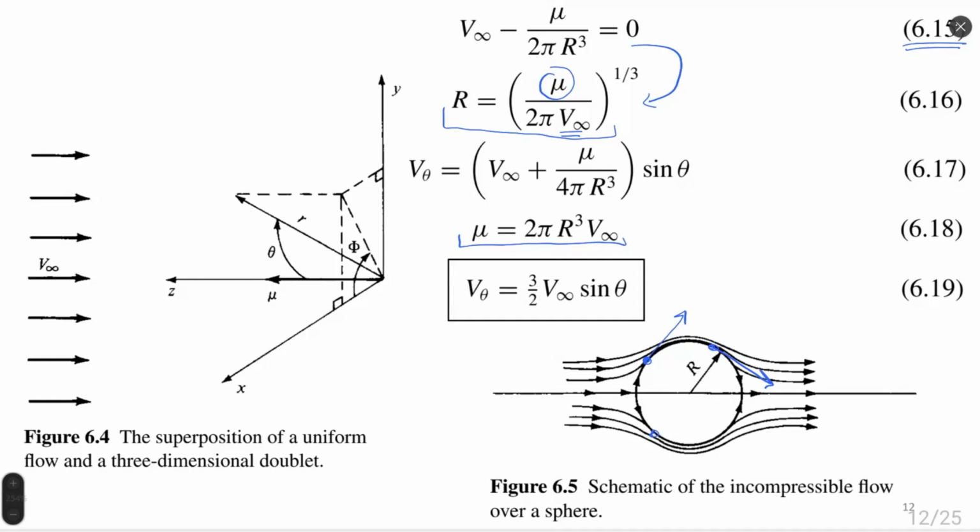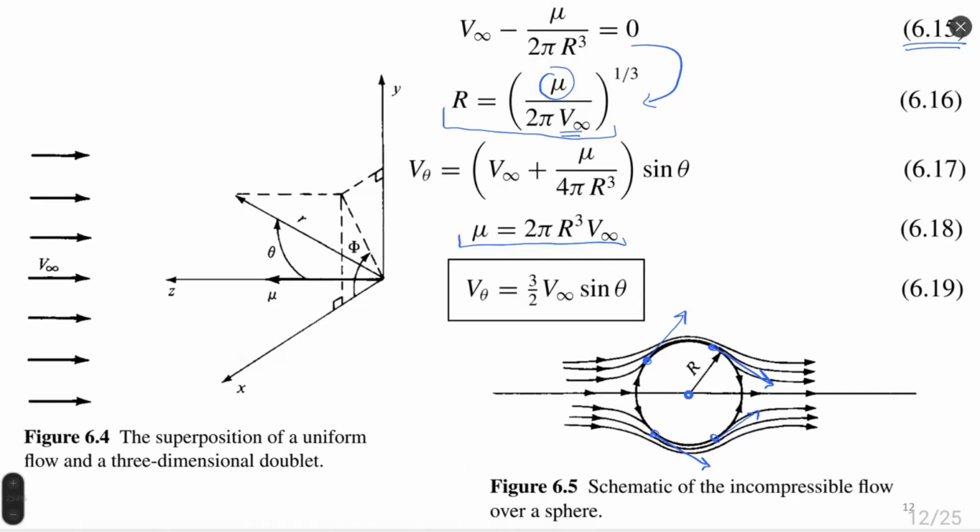For example, here I show several tangential directions of velocity at this point. So this V theta exists. Vr would be equal to 0. The center of coordinates, or origin of coordinates, is at the center of the sphere.